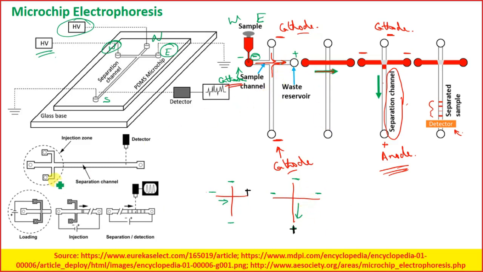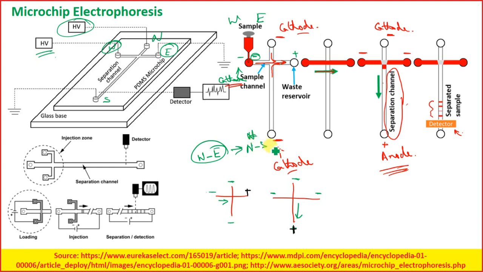Now the first stage is called the injection stage, and the second stage is called the separation stage. Okay, in some books you will find that initially the voltage is applied in the west east direction, and then sequentially the voltage is applied in the north south direction.